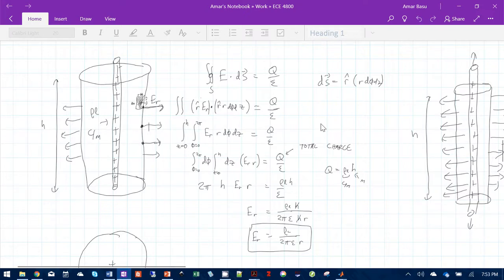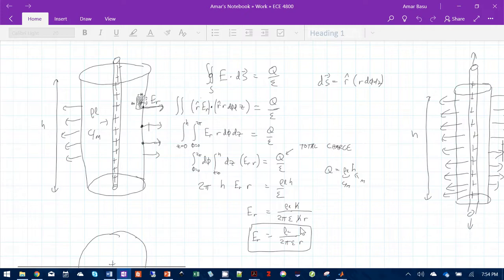If you recall, we did a lot of these steps in Gauss's law, but in the end, what did we find? If we draw a Gaussian surface and the field lines are uniform everywhere, this integral just becomes the electric field times the surface area, right?